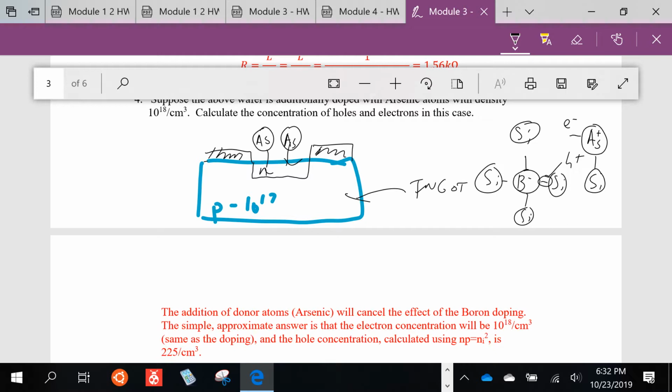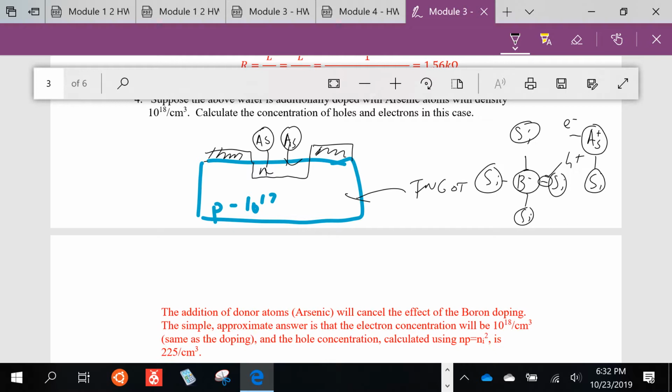But if you dope it 10 times higher, if you dope it at 10 to the 18th instead of 10 to the 17th, now what happens? You have 10 times as many extra electrons as you do holes. So the material becomes effectively n-type.